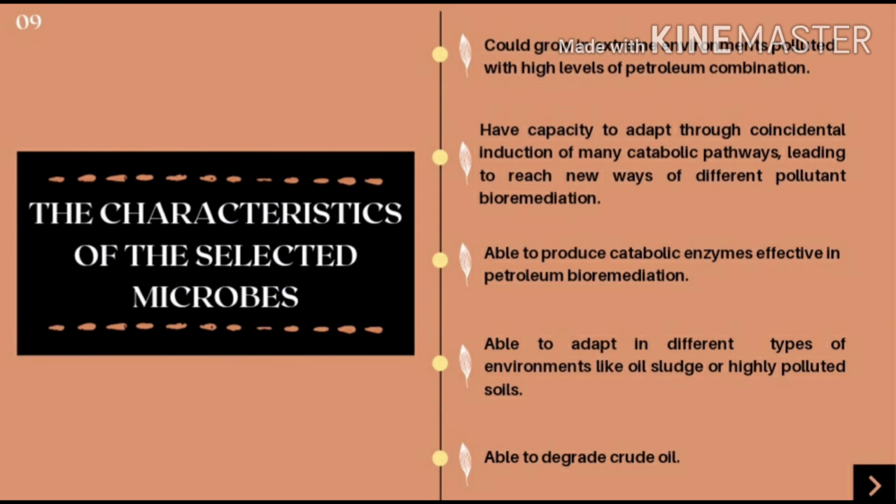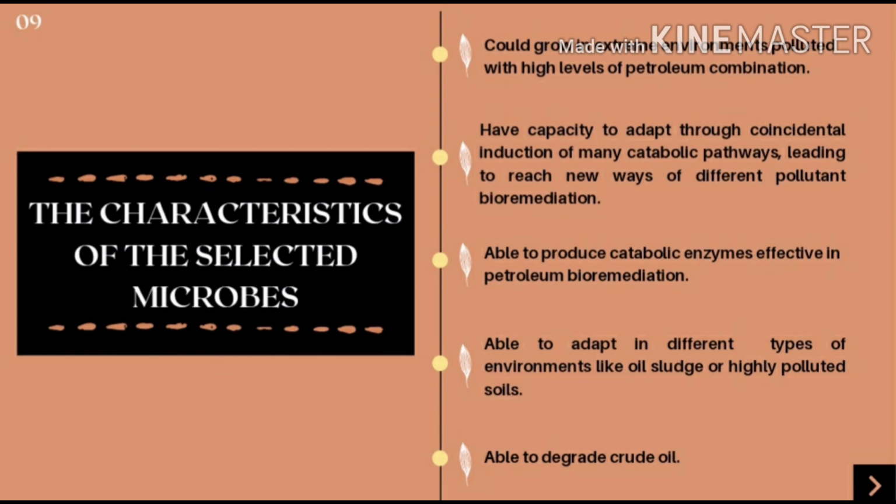Next is the characteristic of the selected microbes, where it could grow in extreme environments polluted with high levels of petroleum combinations. It also has the capacity to adapt through coincidental induction of many catabolic pathways, leading to new ways of different pollutant bioremediation.